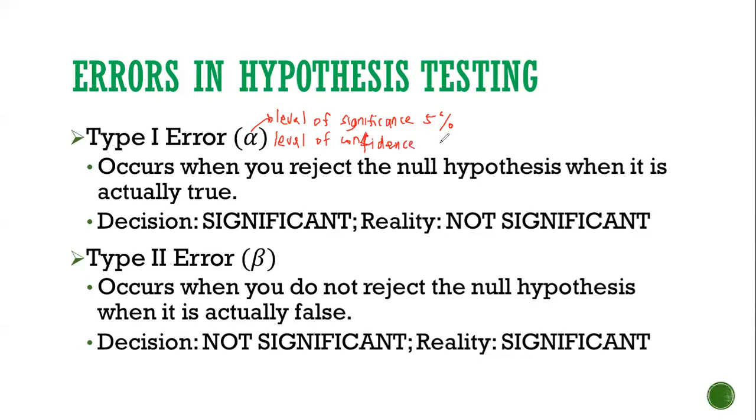Confidence, which is 95%, comprises your research, which is 100%. So your level of significance, your alpha. Pag nakita nyo yung alpha, ang meaning niyan, level of significance, usually it is 5%. If you add it to your level of confidence, that becomes your 100%.